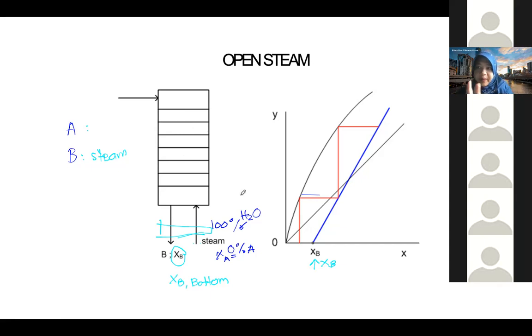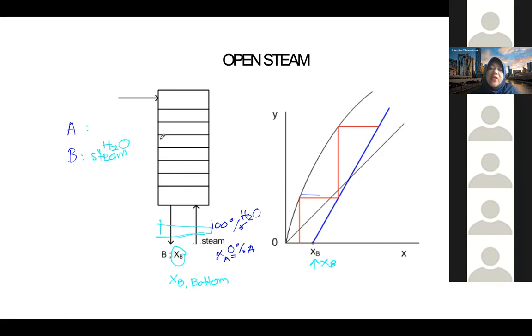So we usually have two components for the open steam. First is component A. It can be maybe ethanol, methanol, or an organic compound. And component B is water, H2O.